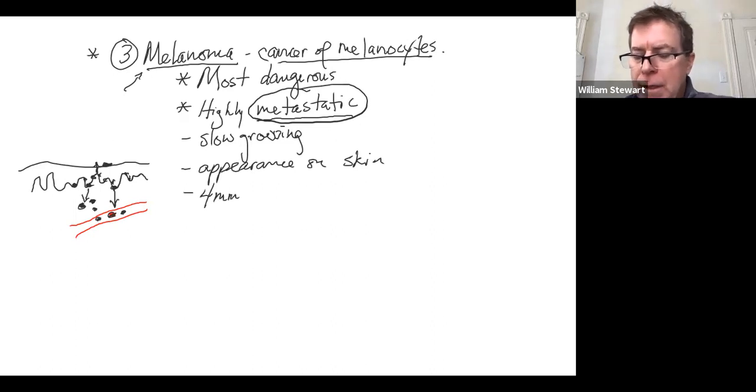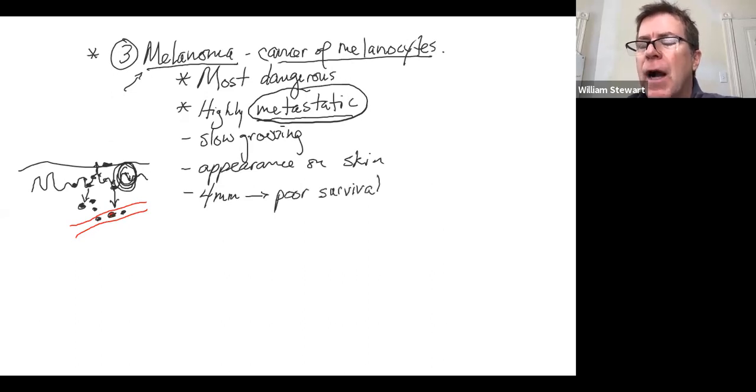A 4 millimeter thick or more depth here of tissue, of invasion of cancerous cells, is sort of the tipping point of poor survival. So 4 millimeters or greater typically indicates a poor chance of survival. That's what oncologists typically go by.